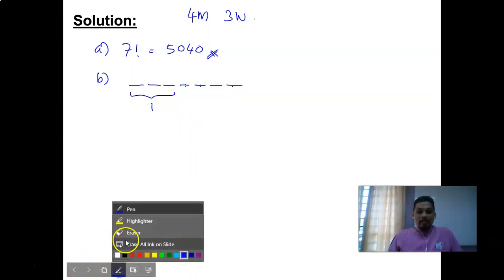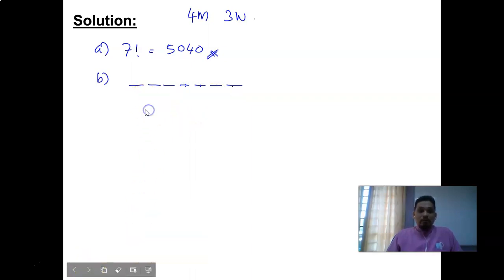So imagine that the unit of 3 women here is still considered as one unit. So 1, 2, 3, 4, 5. With this, we assume that there are 5 units, so 5 factorial.